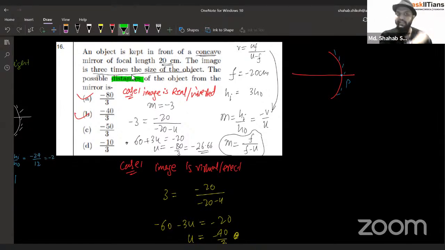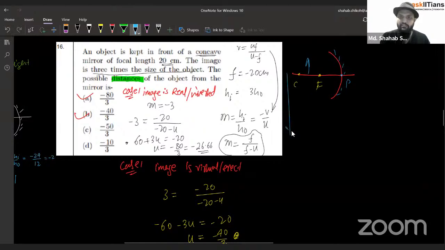So whosoever designed the question, they designed it wrongly. Otherwise, the statement is completely perfect. You understand? Don't destroy your concept only because you see the option is not matching. Your concept is exactly clear. You guys are right, because when we keep object in between C and F like this, we get image like this, 3 times. And when we keep the object between P and F, we get image 3 times this side.